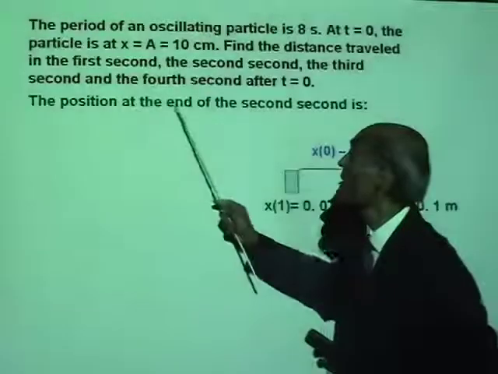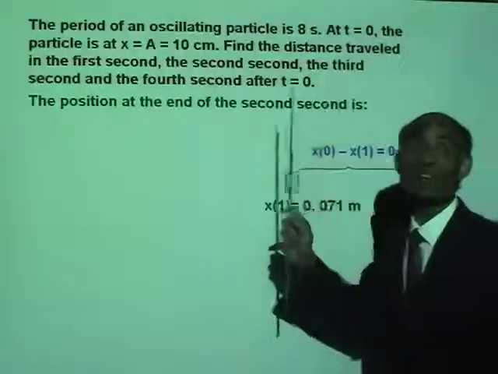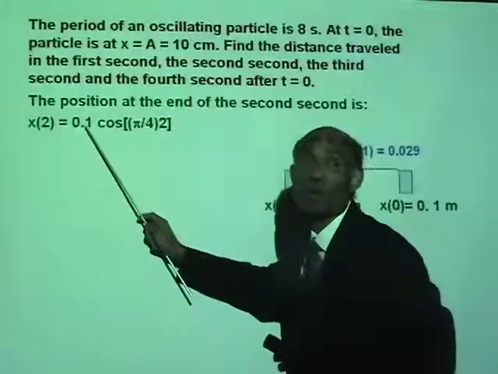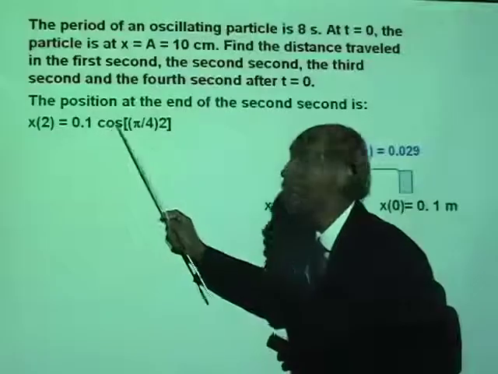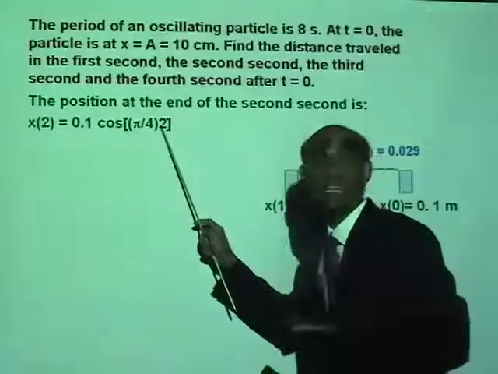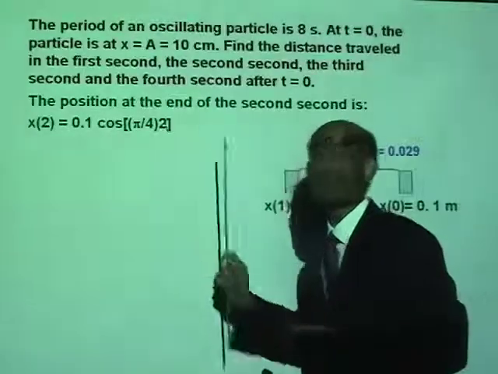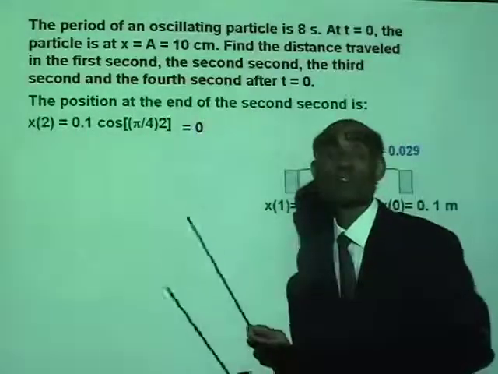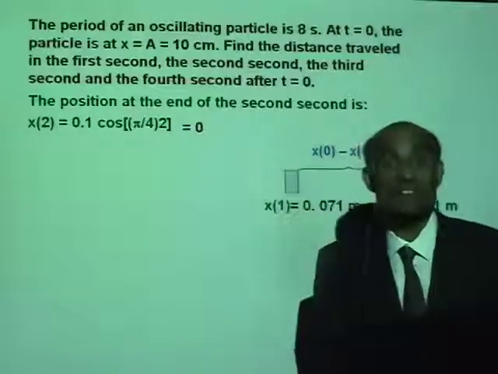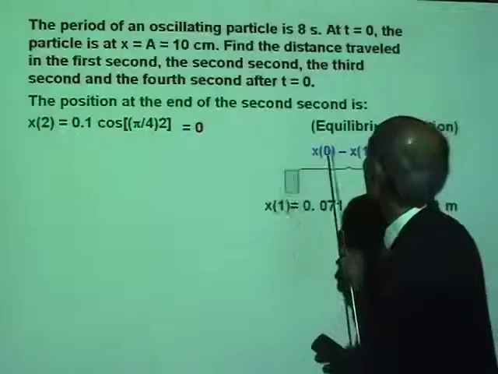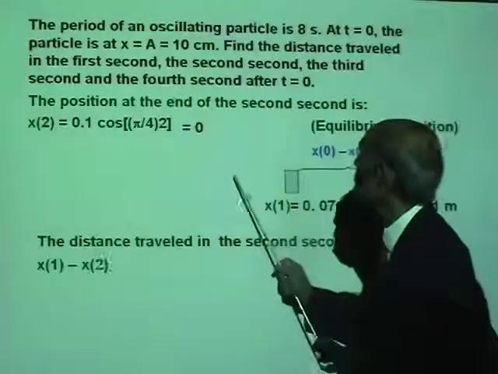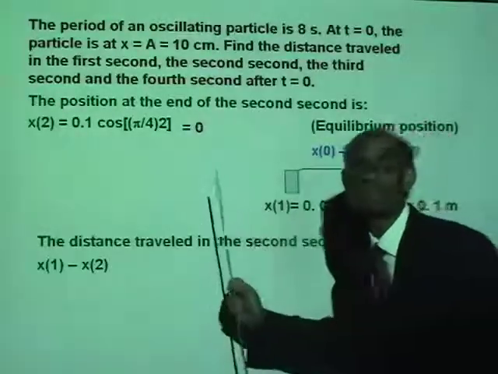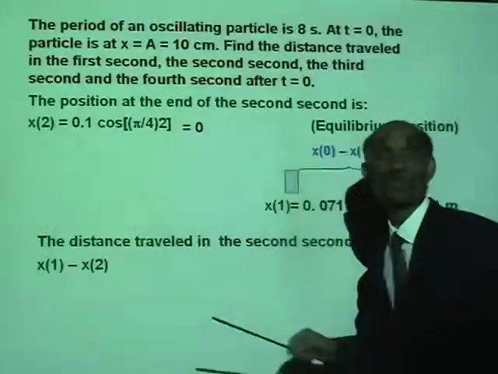The position at the end of the second second is x of 2, equal to 0.1, that's your A, cos pi by 4 t, with t equal to 2. What is the value of that? That is 0. So at the end of the second second, the object has come back to x equal to 0. I think I've got my animations messed up, so it's going to come a little disorderly.